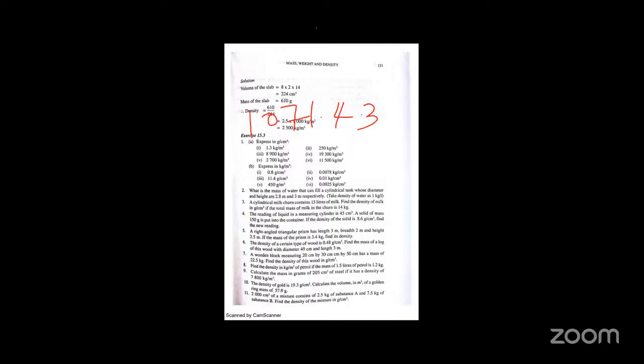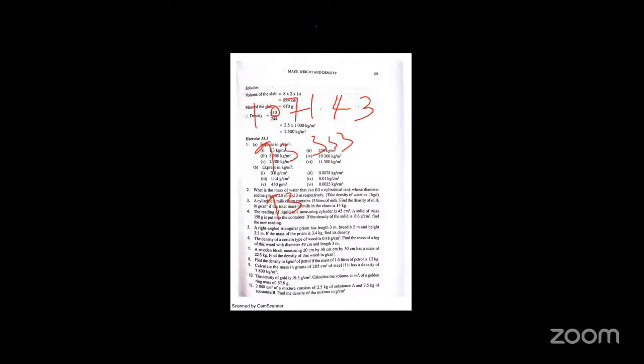And the other one is getting 23,333. Then the other one is getting 933.3 grams per cubic centimeter. Okay. Thank you.